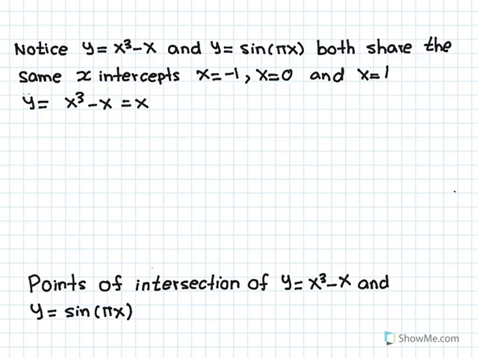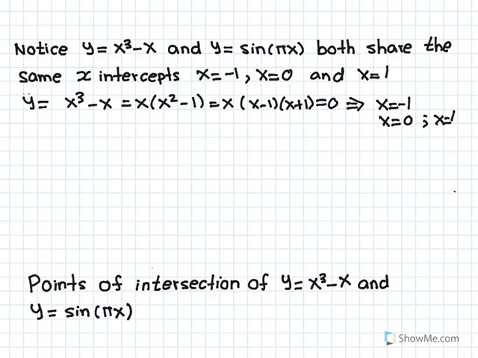We factorize it: x times x squared minus 1, then factorize the difference of squares, x times x minus 1 times x plus 1 equals 0. And that gave us the x-intercepts as x equals negative 1, x equals 0, and x equals 1.